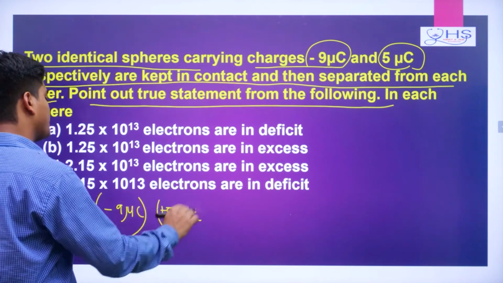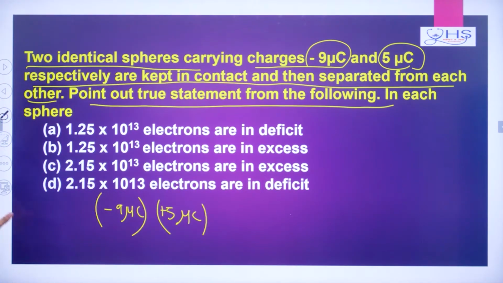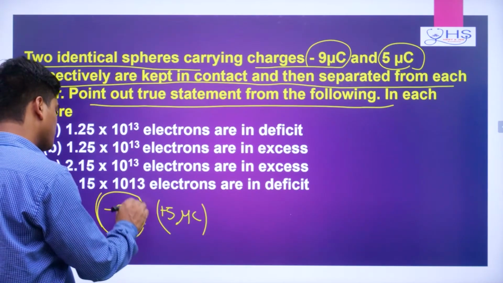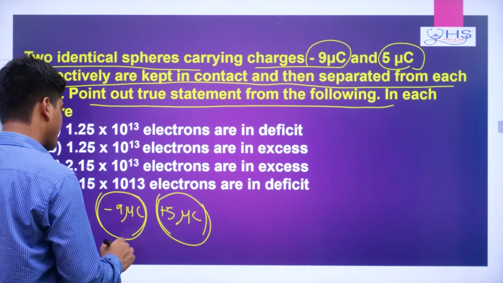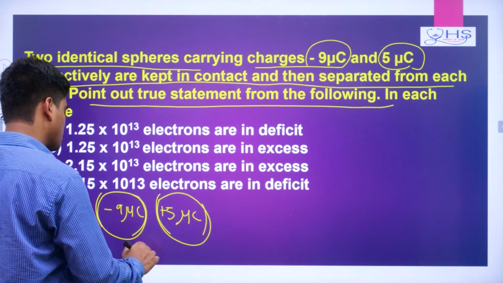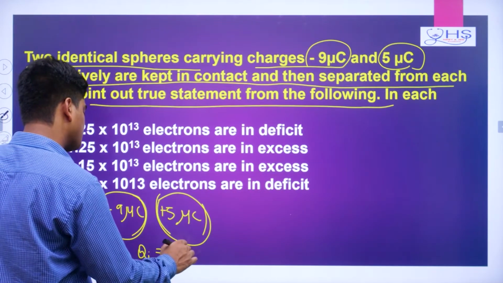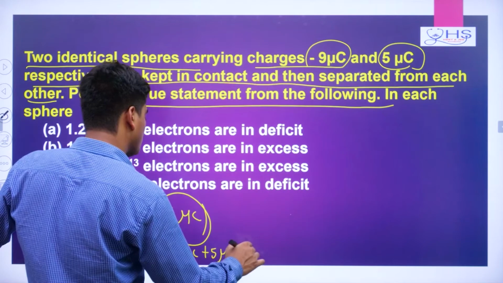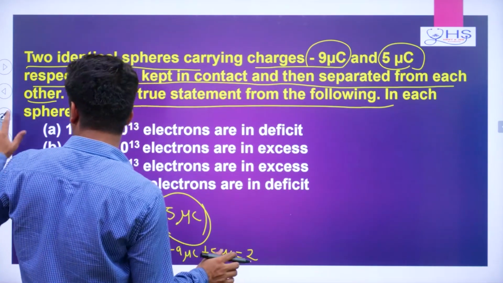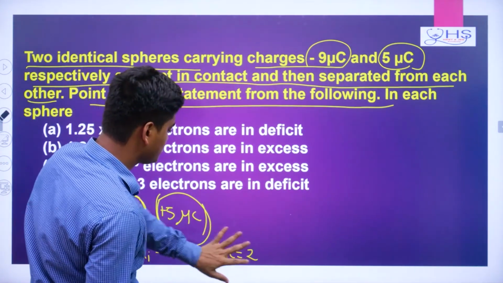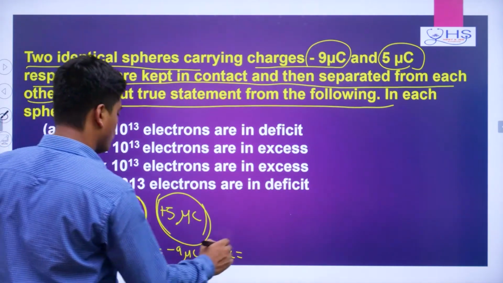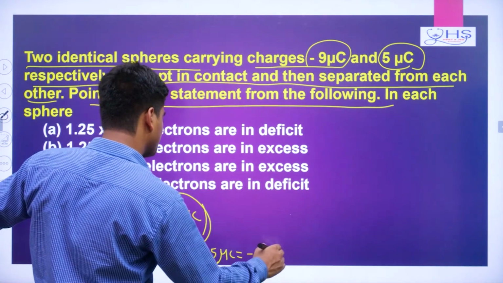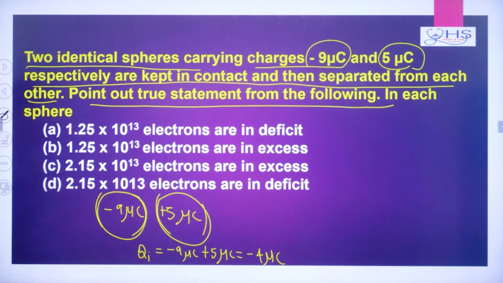Initially they are kept in contact, then afterwards separated. This is the first condition, before separation, the initial condition. What is the total initial charge? Minus 9 microcoulomb plus 5 microcoulomb is minus 4 microcoulomb. So this much charge is there initially.